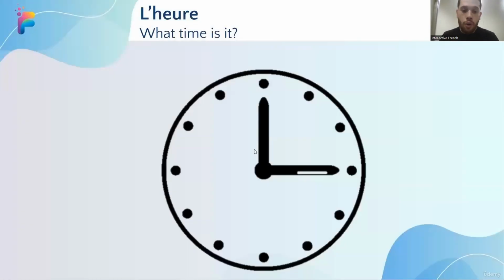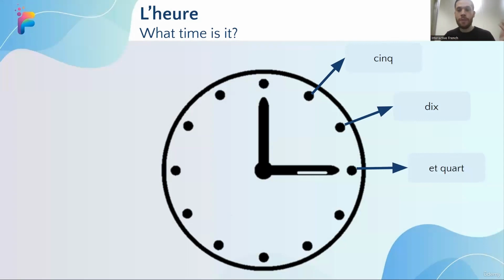Now, if we want to know what time it is, right? We can also use quarter past, half past, quarter to, and so on. So if it's 5 past, right, we say 5. If it's 10 past, we say 10. Now, if it's quarter past, you can say 15, right?